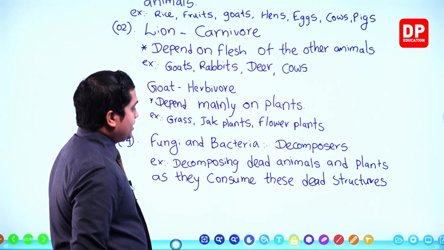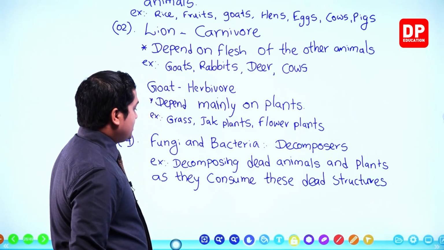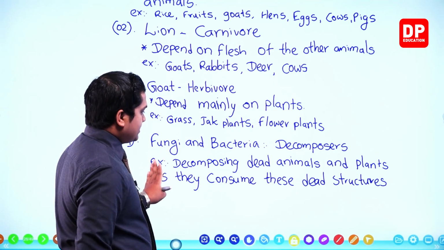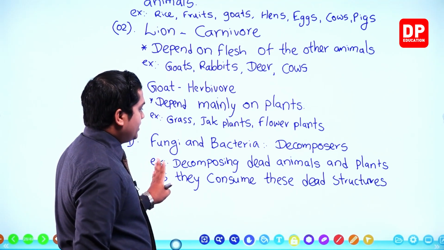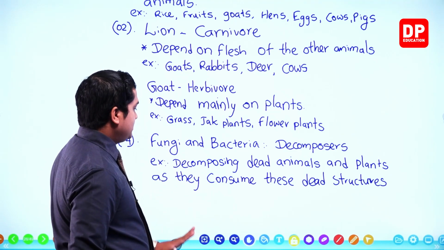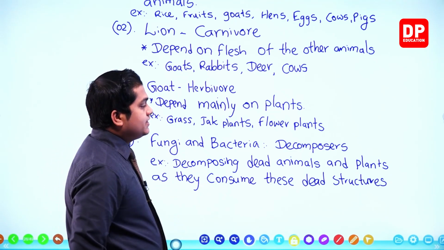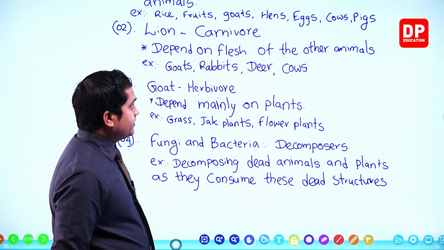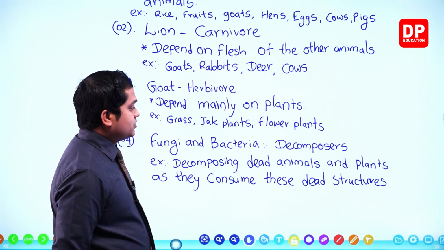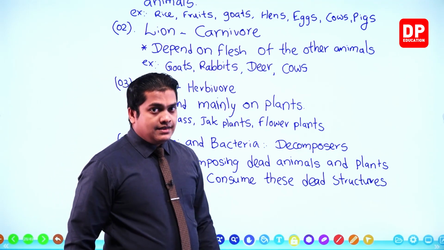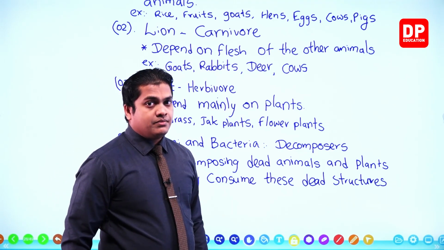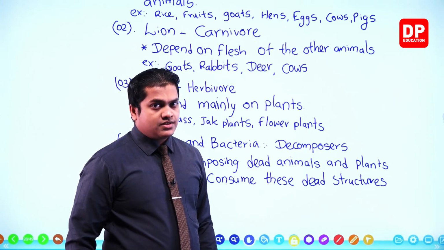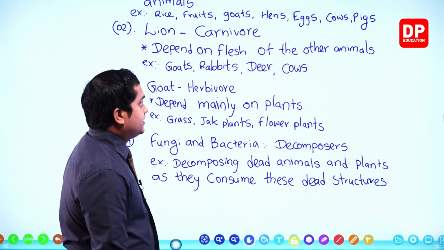So example given: decomposing dead animals and plants as they consume these dead structures. So these are the main types of organisms we can observe in our environment, and also the types of foods that they use.